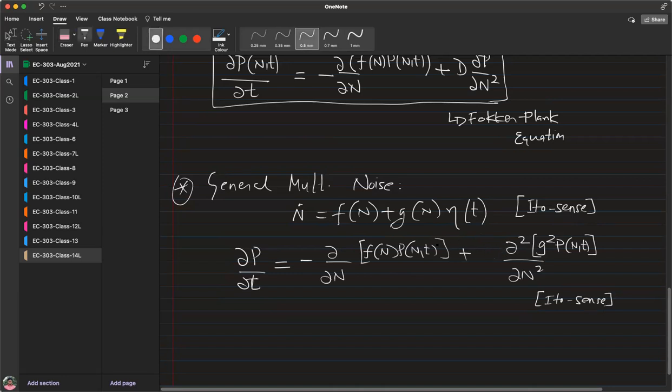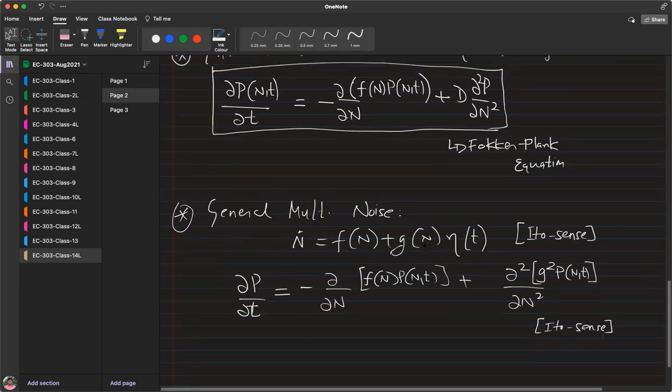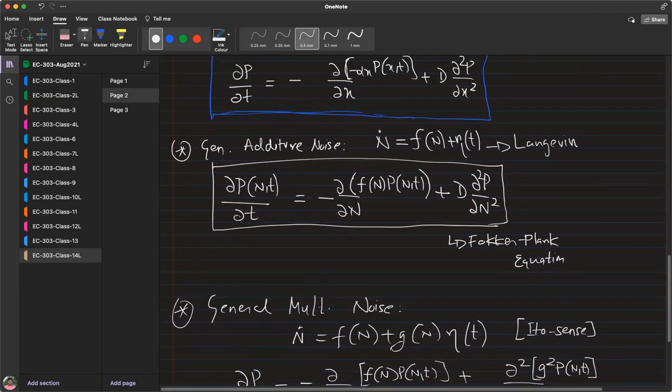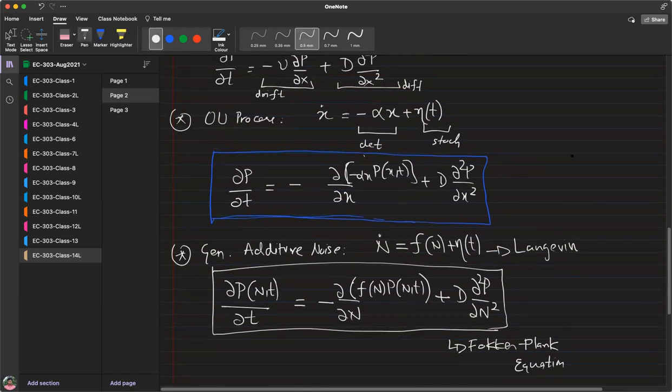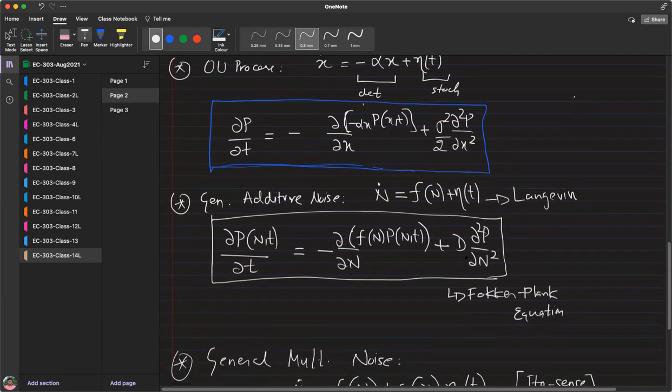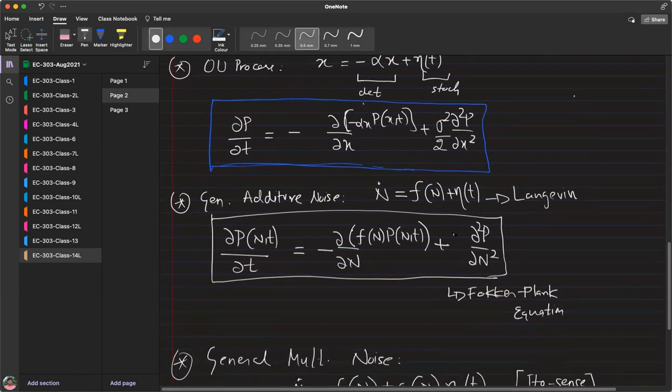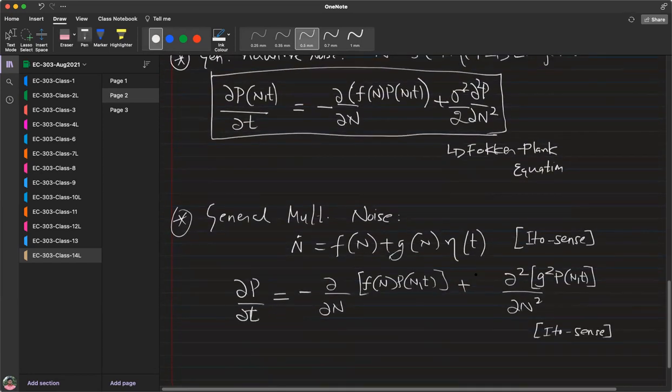This D is not required. When we write this in the form of eta, D basically will be replaced by sigma squared by 2, where sigma is the variance of this Gaussian white noise. So we'll have sigma squared by 2 here also.